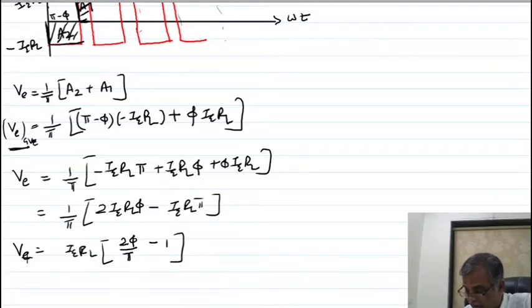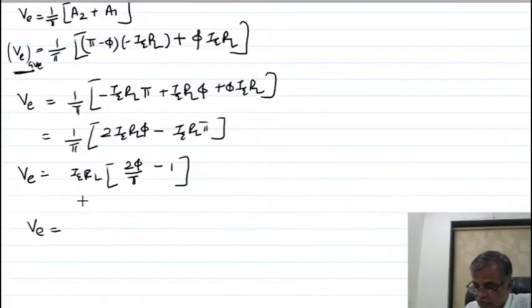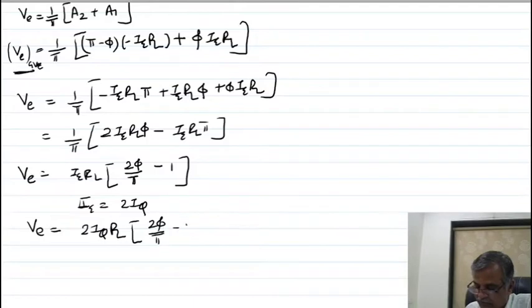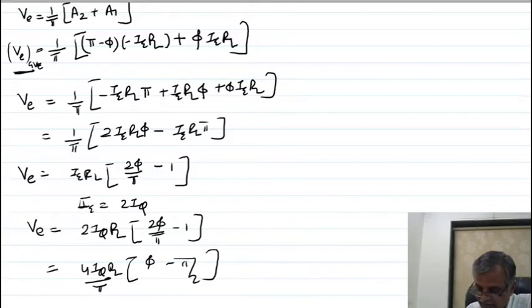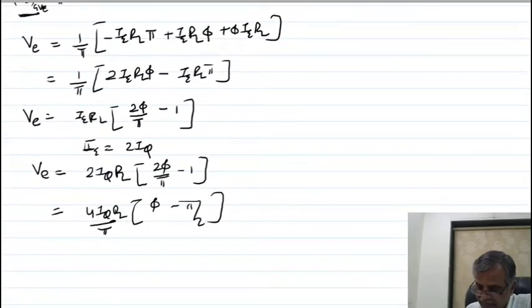2 phi upon pi minus 1. I is nothing but you can write 2IQ. So I can write 2IQ into RL, 2 phi upon pi minus 1, or I can write 4IQ into RL by pi, phi minus pi by 2, or I can write, pi I have taken common, 2 is common.